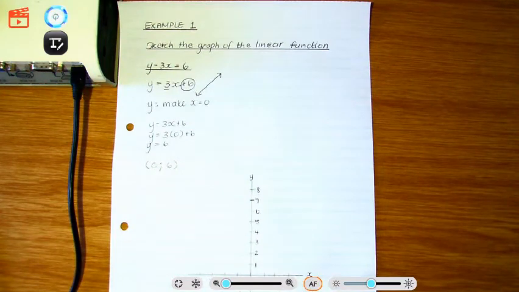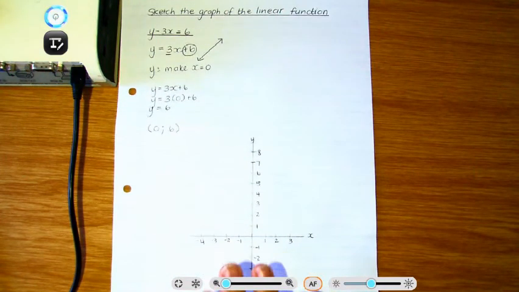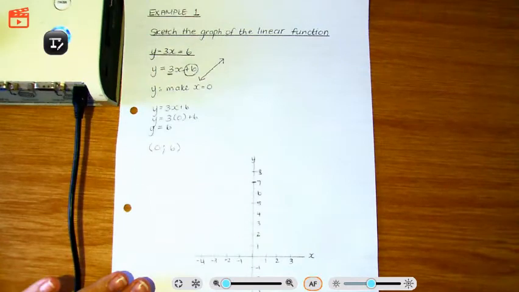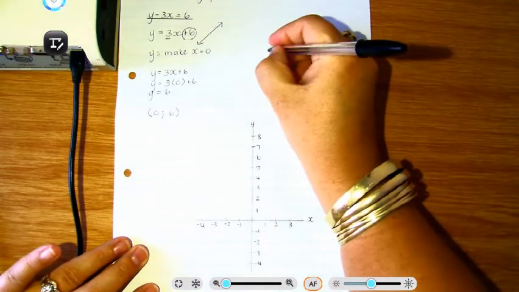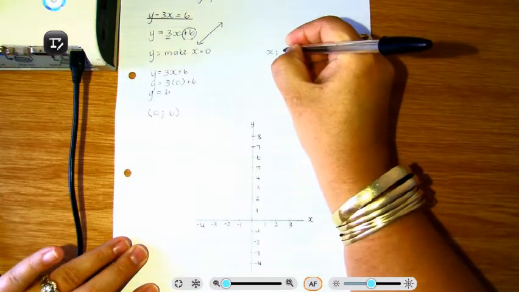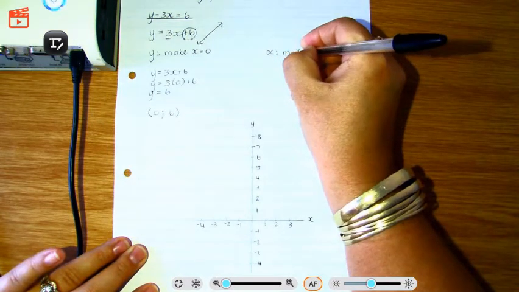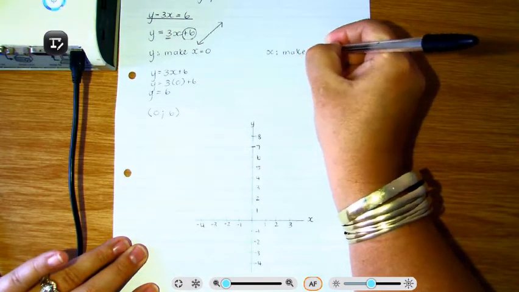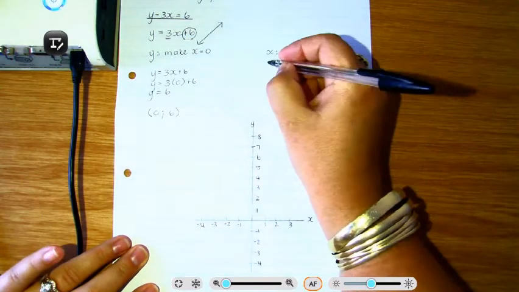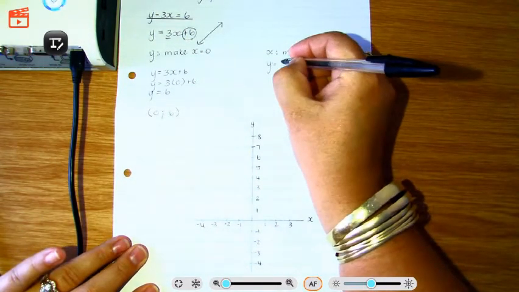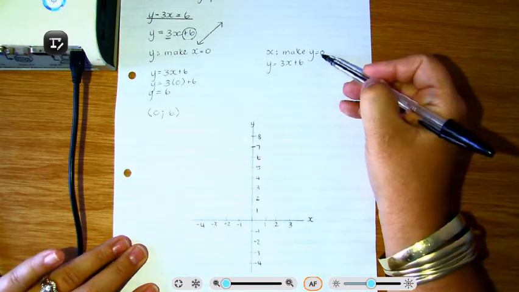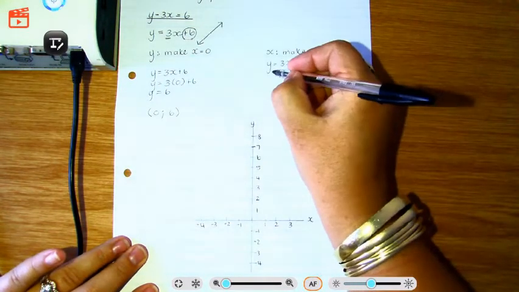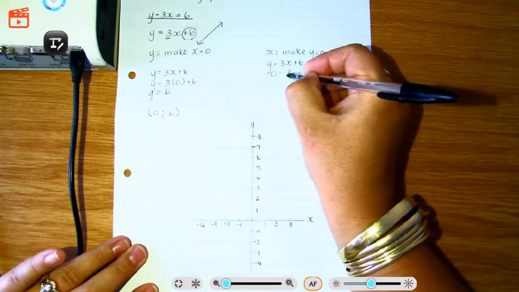And now we move on to the second coordinate. So to find x, we make y equal to 0. So in my formula, y is equal to 3x plus 6, I'm going to substitute y for 0. So I'm going to say 0 is equal to 3x plus 6.